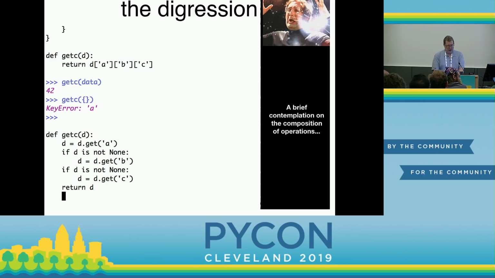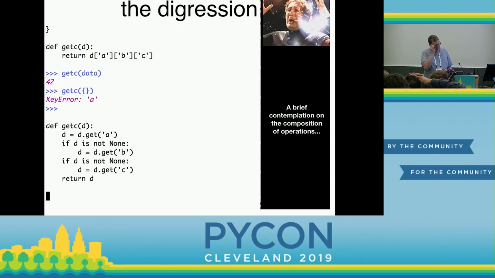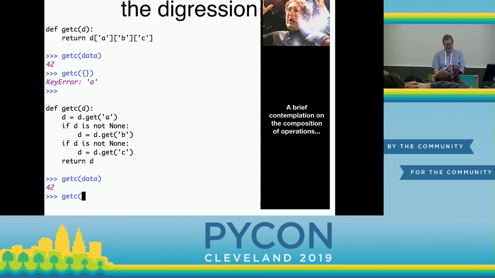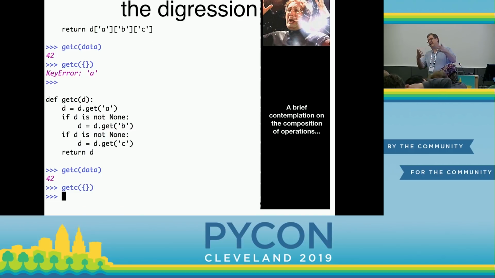You might write something like this: I have this getC function where it will go down into a nested dictionary. But if you give me a dictionary that does not have the data in there, it's not going to blow up because it's using the get method, and it's trying to play defense a little bit.